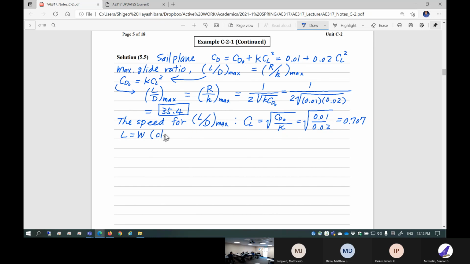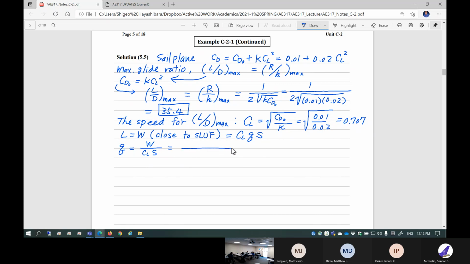Close to straight level unaccelerated flight, right? Because it's a power-off glide. Which is equal to CL times Q, dynamic pressure, times wing area S. Okay? So from here, you can determine dynamic pressure Q. Q is equal to weight divided by CL S.